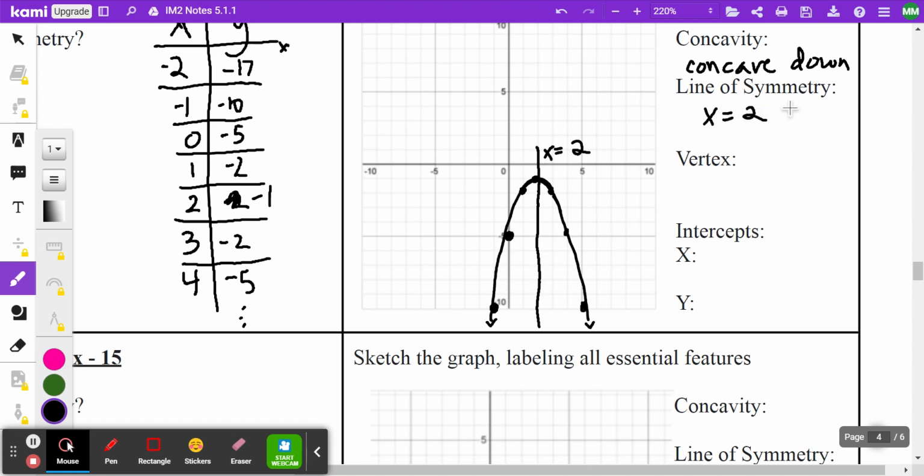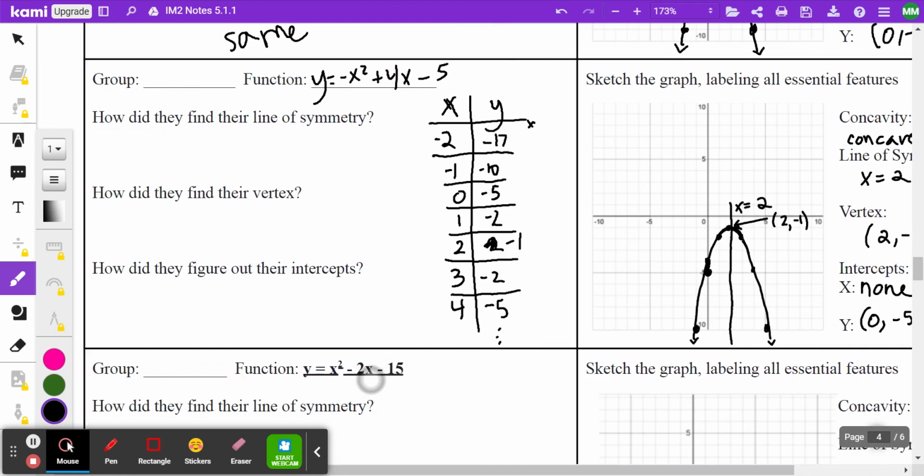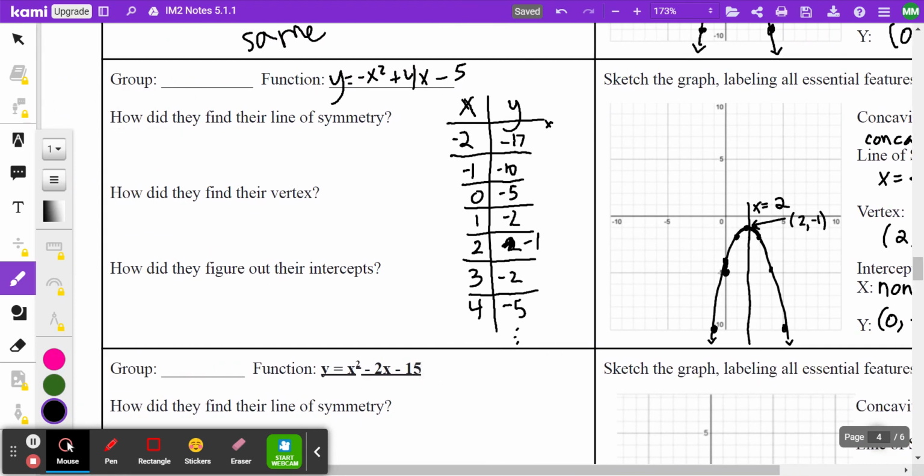I can see that the vertex is at the point 2, -1. The x-intercepts, well, there aren't any. And the y-intercept is at 0, -5. And all of those I found by visual inspection.